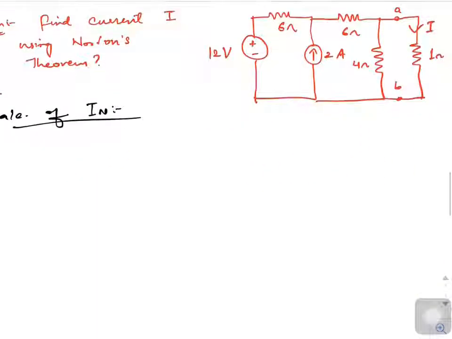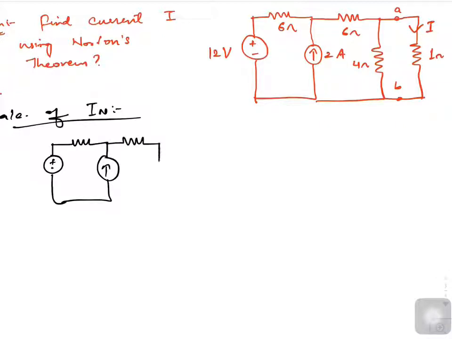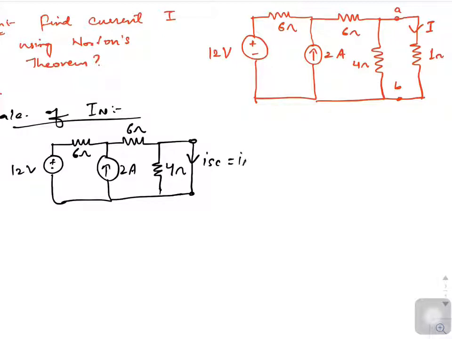So I have to redraw the diagram with only one change, that is the load of 1 ohm will be removed from the circuit. Had this been the VTH calculation, the load would have been opened, but since this is a calculation of Norton, I have to short it. So this short circuit current is my Norton current.